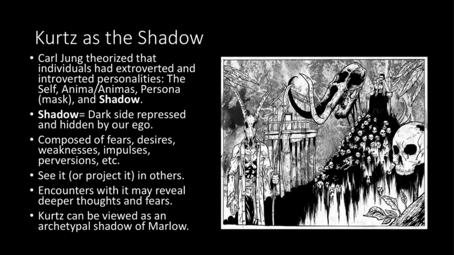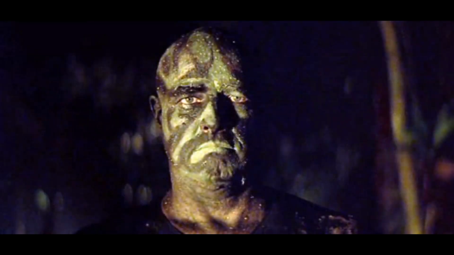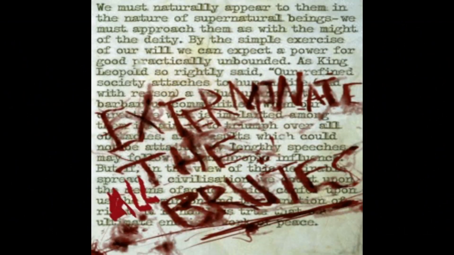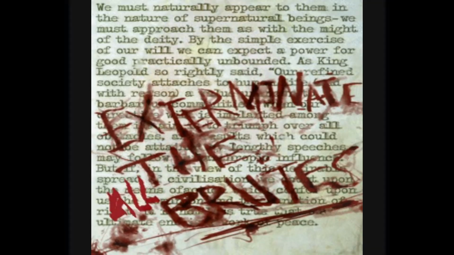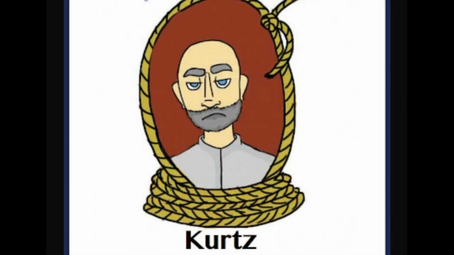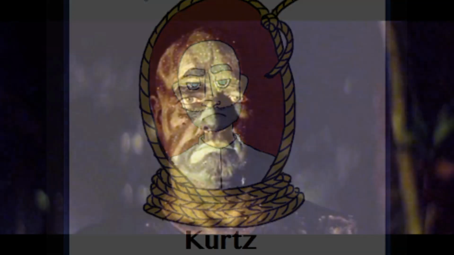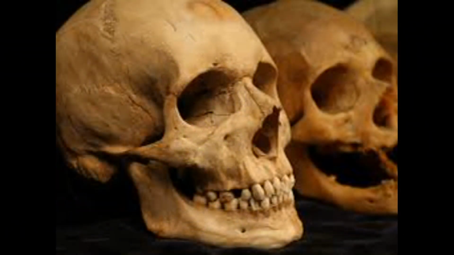He's brutal, he's savage, and at the very end he writes in the pamphlet, "Exterminate all the brutes." He also makes the natives worship him. He has skulls hanging outside his station. These are all significant features of Kurtz.